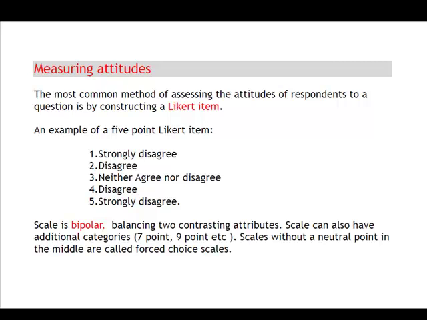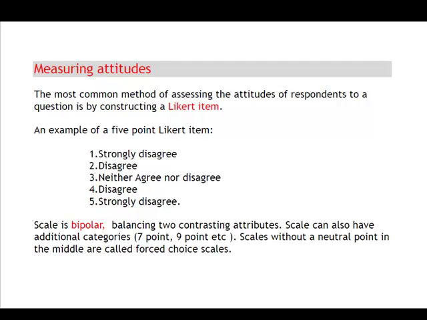Well, we've already heard about Likert items. There's a standard 5-point Likert item. We've all seen strongly disagree, disagree, neither agree nor disagree, and so on. But the scale is bipolar. You have disagree on one end and agree on the other, balancing two contrasting attributes.